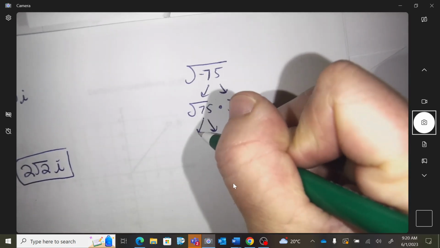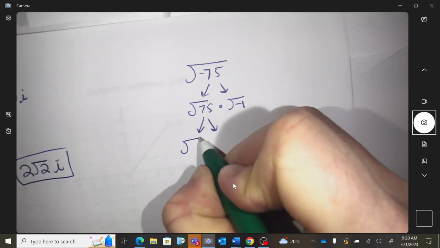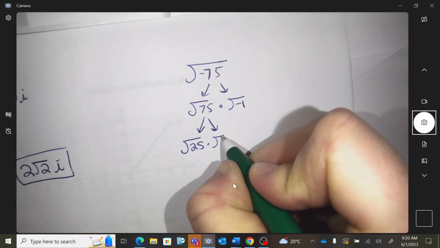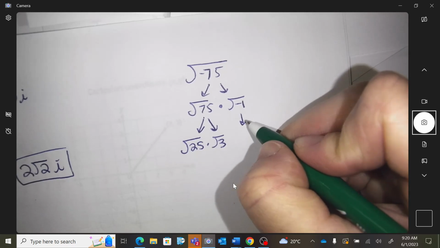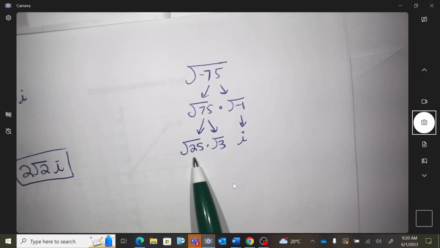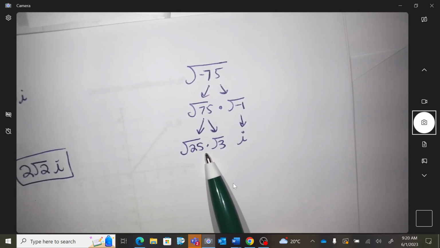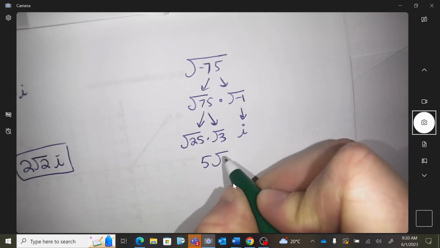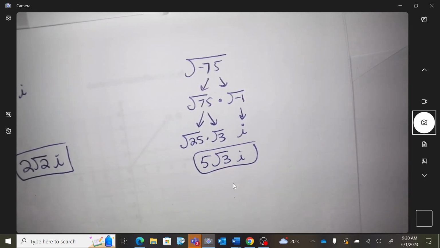Then 75, what perfect square? You've got your perfect squares in your head. You can divide 75 by 25 times 3. Do you remember doing that? We did that stuff in grade 11. So this is 5 root 3 i. Okay?